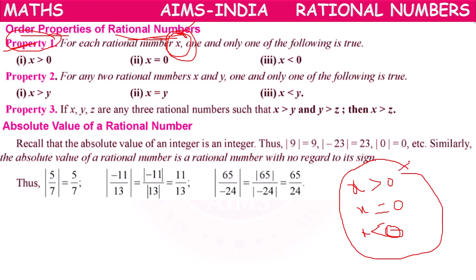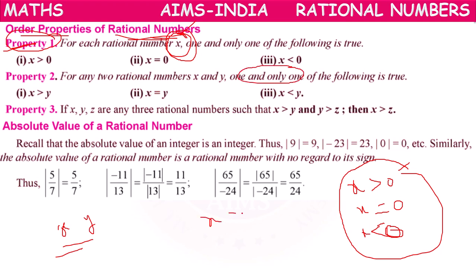Now, if we have two rational numbers x and y, what condition may exist? Again, only one and only one condition is possible.